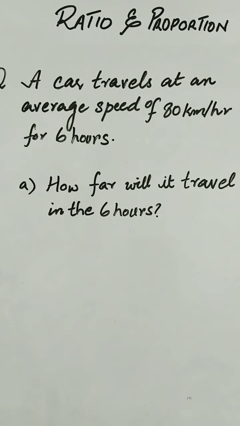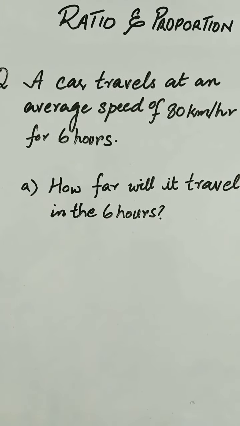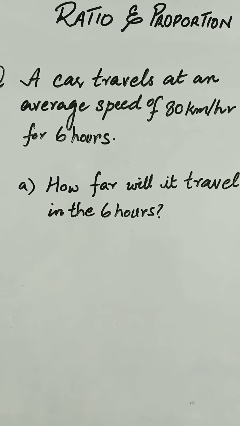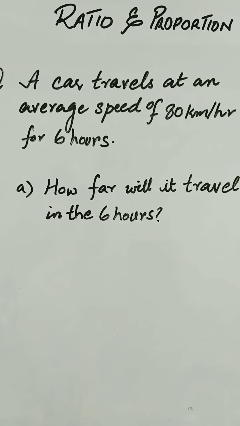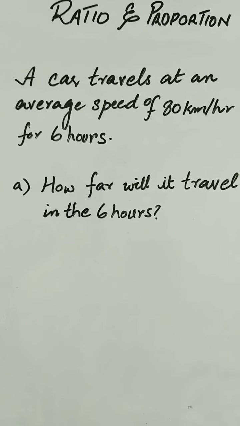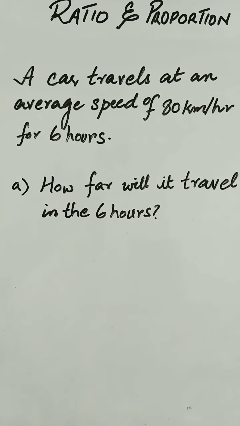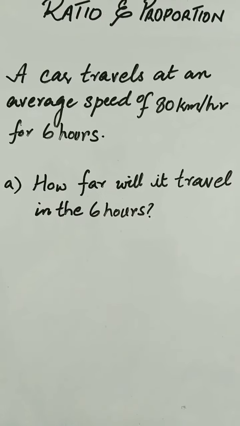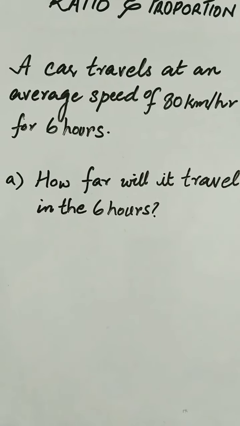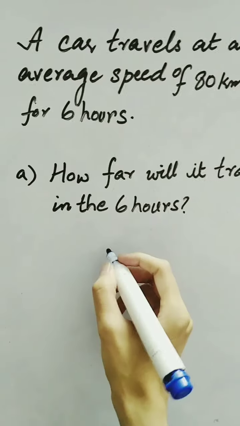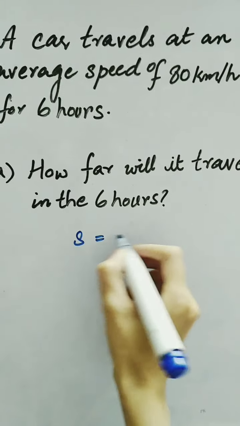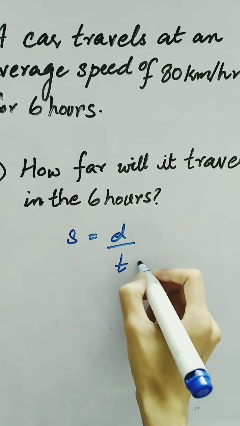Here we have a word problem in which a car travels at an average speed of 80 km per hour for 6 hours. And we have to find out a distance because it is asking how far will it travel in the 6 hours. It means we have to calculate the distance, and we know the formula for speed is equal to distance over time.